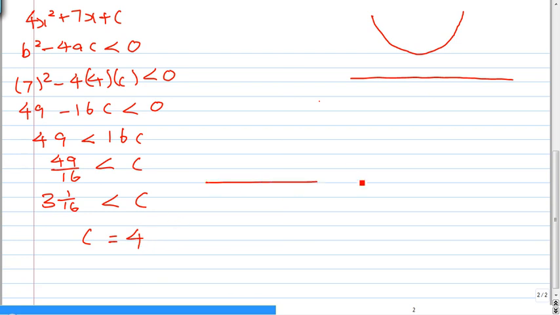If you draw a number line, this is say 2, 3, and 3 and 1 over 16 is here, and this is 4. Since it's greater than 3 and 1 over 16, if you extend this way, it's got to be 4. So the answer is 4.